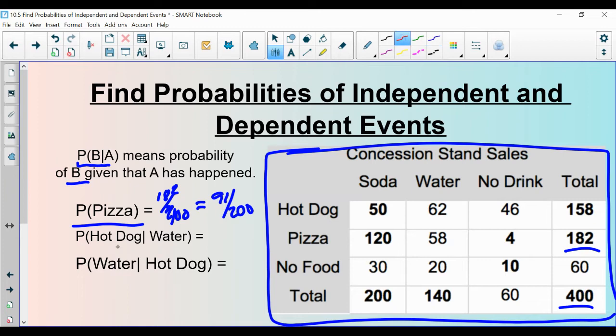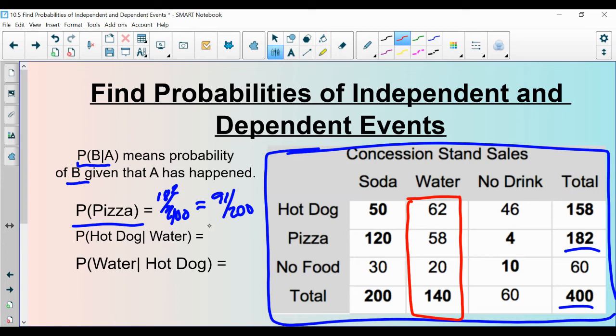Now, this next question is a conditional probability question. Remember, this notation could be read as, what is the probability of selecting someone who ordered a hot dog, given that they selected water? So you assume that they selected water. You are then only looking at this stuff because we're only talking about people who selected water. And now tell me the probability that they ordered a hot dog.